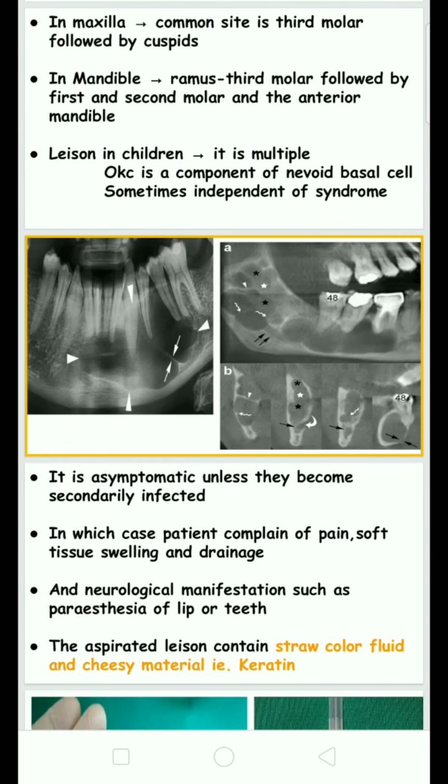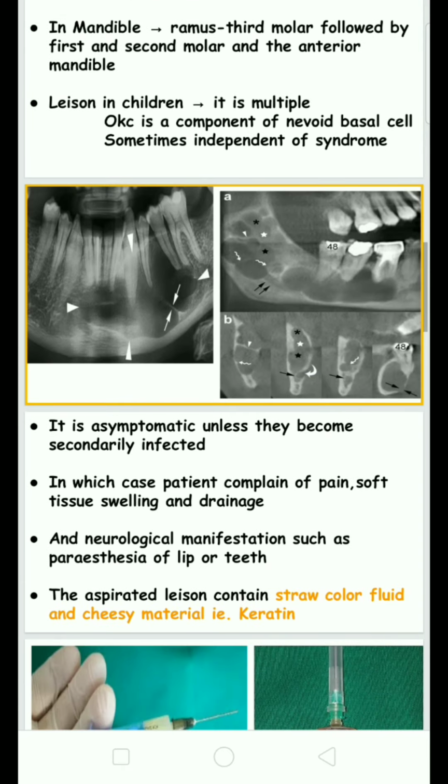It is asymptomatic unless it becomes secondarily infected, for example before or after surgery. If infected, it leads to pain, soft tissue swelling, and sometimes drainage or discharge of pus in this area.